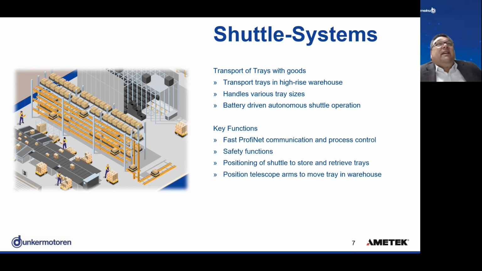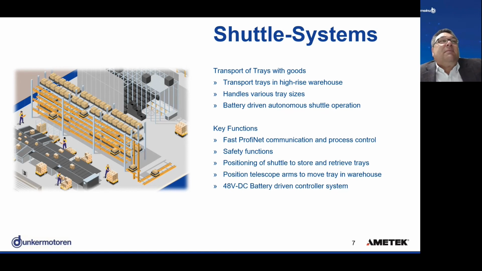The function also here is quick communication, because within the system on each level a shuttle is running and working, and as the goods are brought in or got out from the system quite quickly, the communication needs to be quick and safe.